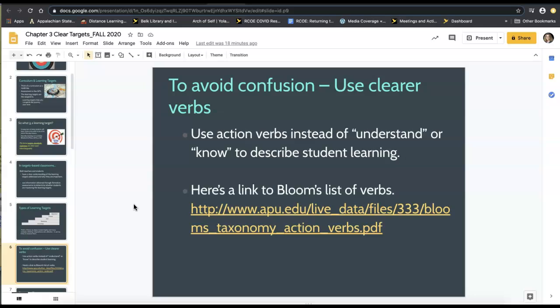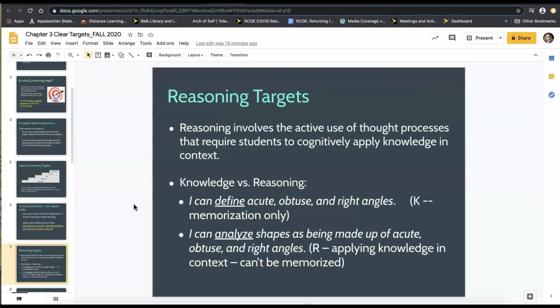I put a link in these slides to a list of verbs that could help us, and we'll look at some other ones as well. But we want to stay away from really vague verbs like understand or know, and use more specific verbs that will guide us and guide our students more clearly.